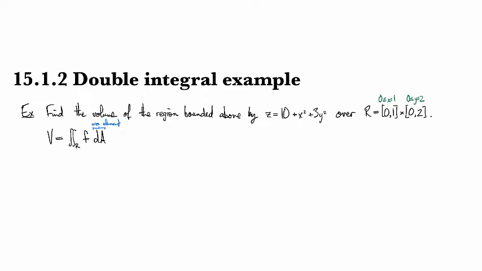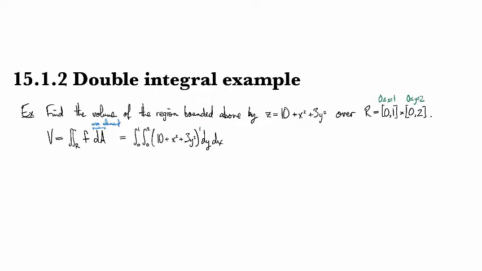So I can write this as the integral from 0 to 1, so that's going to be for the x domain, and then the integral from 0 to 2, so that'll be for the y domain, and then I'm taking this upper surface to be a function in x and y. So y is the one going between 0 and 2, and x is the one going between 0 and 1.